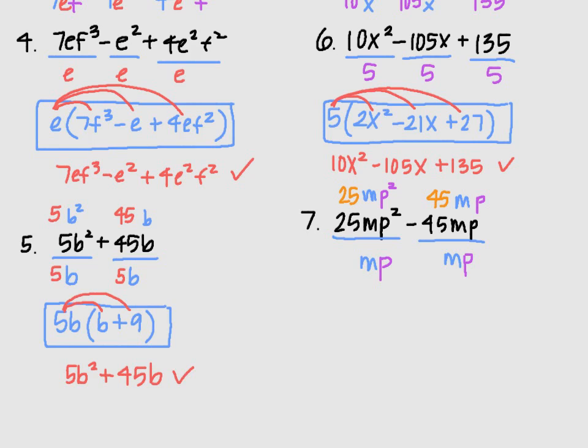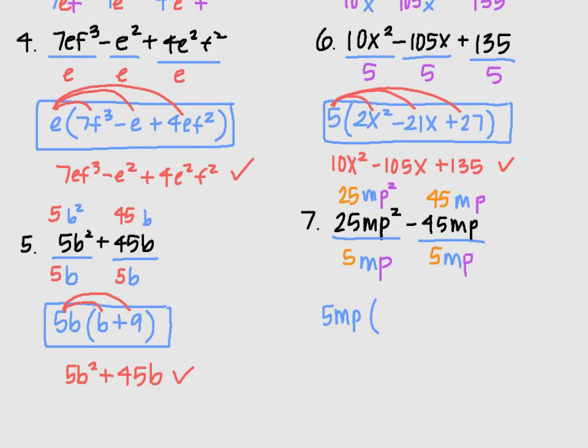In both the numbers 25 and 45, the greatest common factor is the number 5. So 5mp is the greatest common factor of this binomial.